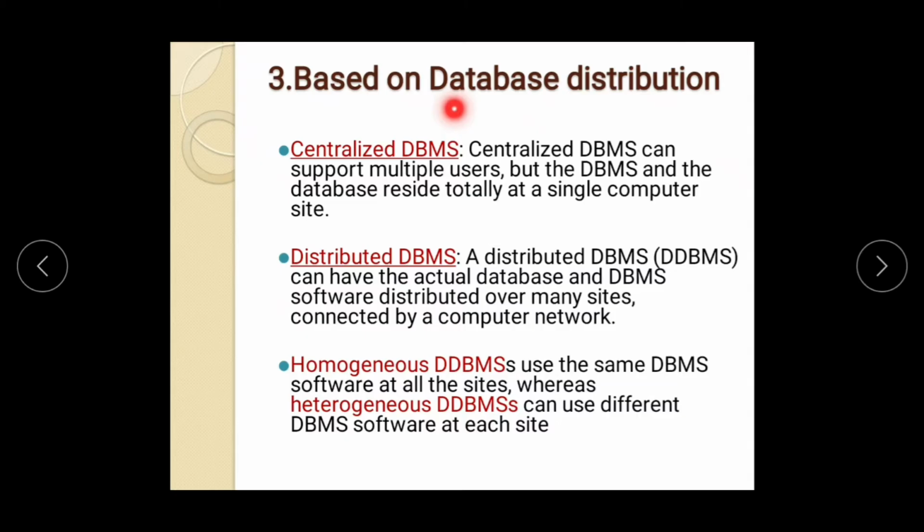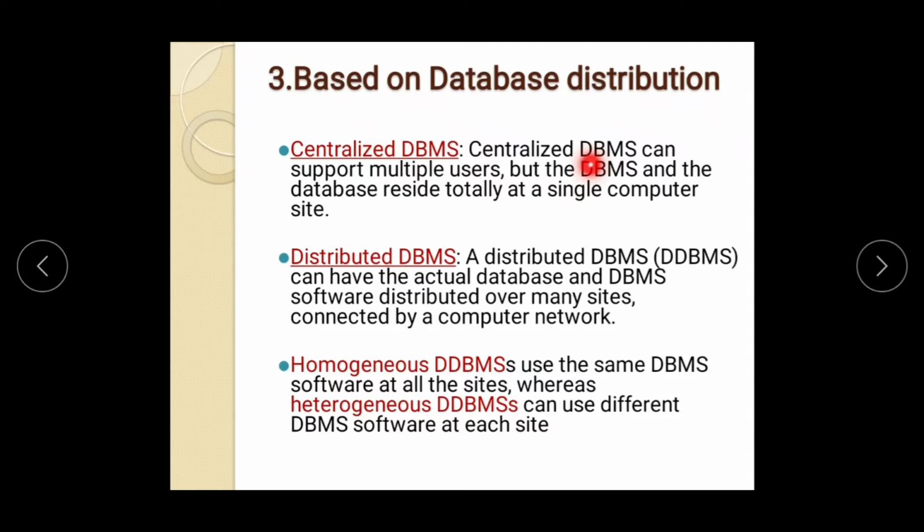Next, the third one is based on database distribution. How a database exists is explained here. The first one is centralized DBMS. Centralized DBMS means the database will be placed in a single computer.